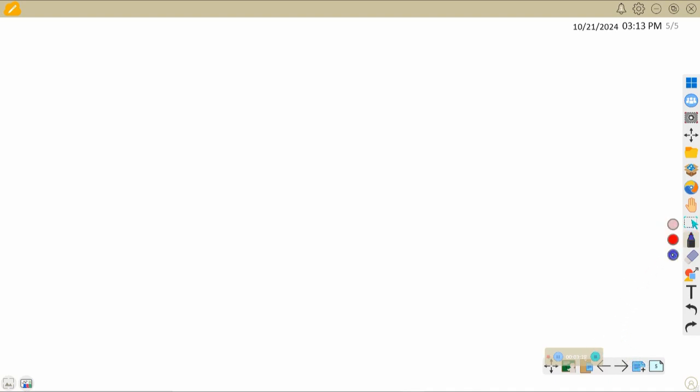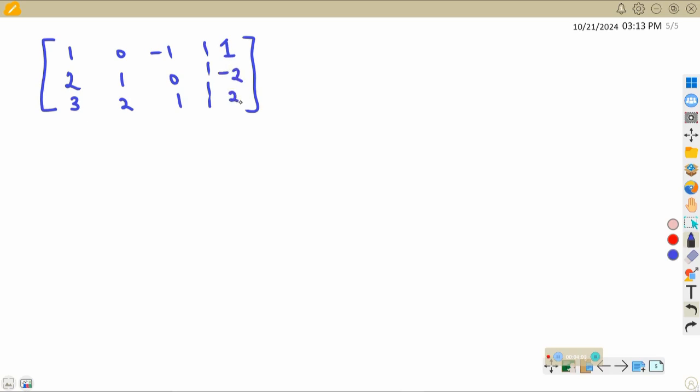So we shall have our matrix here, which is 1, 0, negative 1, then 1, then 2, 1, 0, then 3, 2 and 1, and on the right side we have negative 2 and 2.